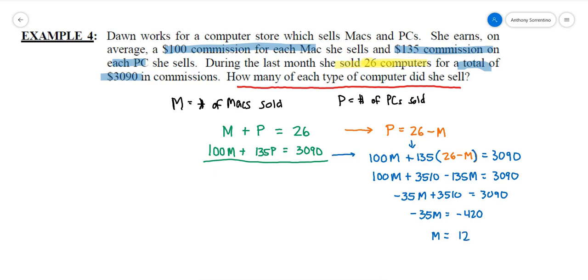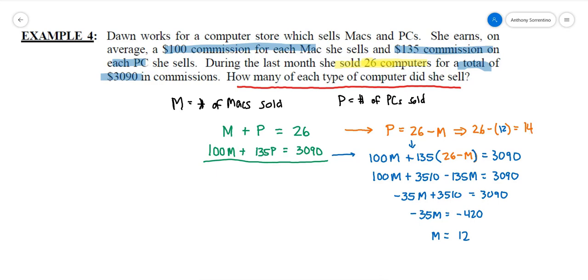So she sold 12 Macs, which means now, if I come up to this equation again, that's going to be 26 minus 12, which equals 14.